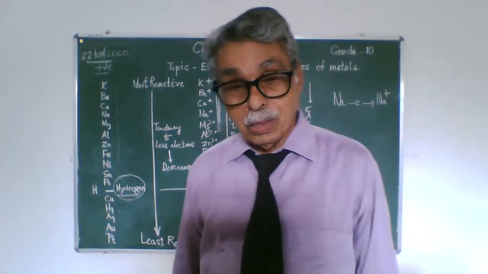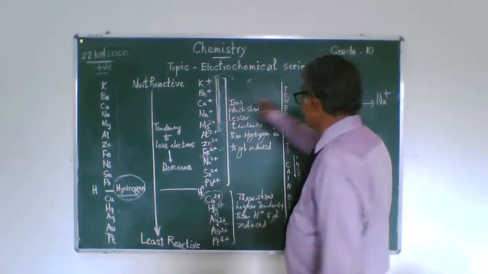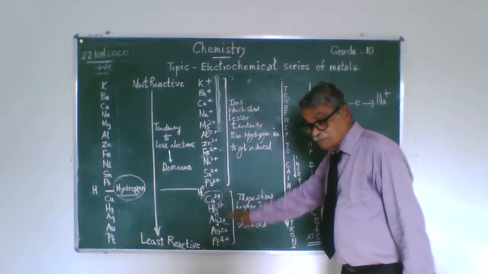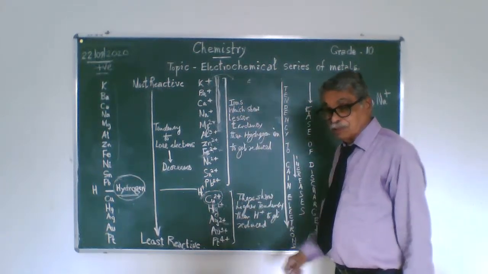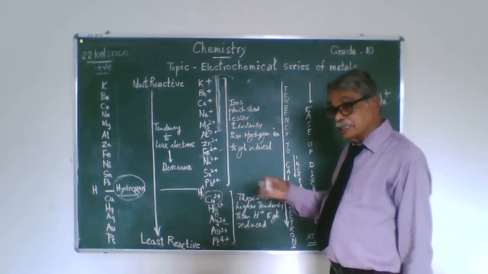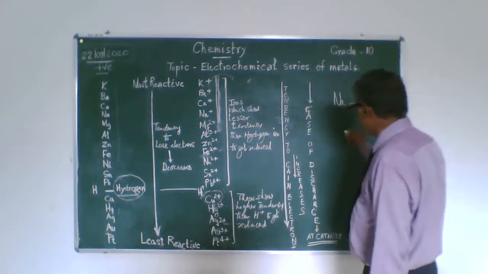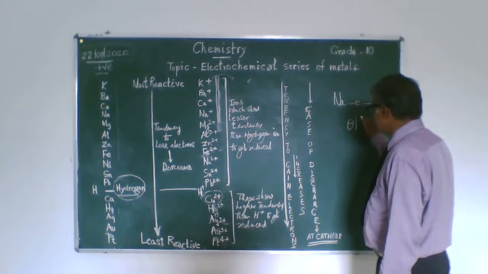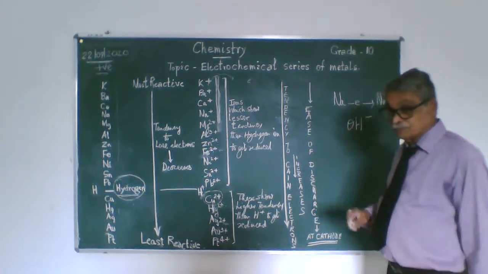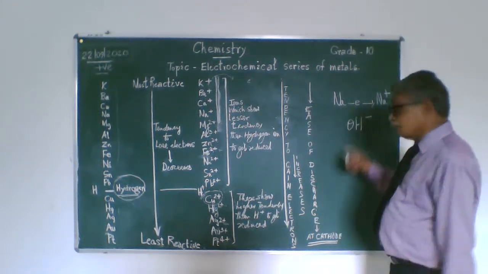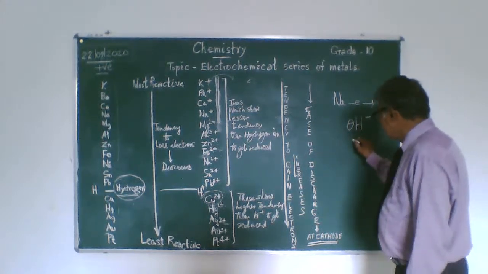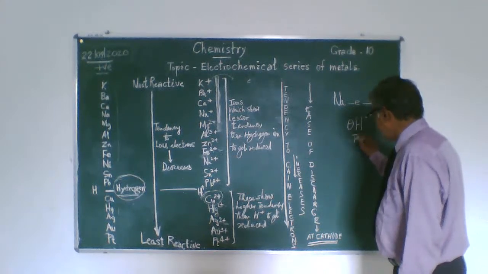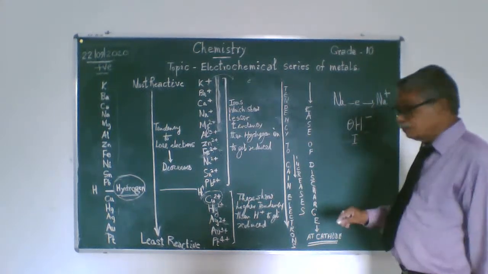Now this is all about positive ions. Metals form positive ions. What about others? There are negative ions also. You already learned, for example, OH is a negative ion. Similarly, iodide is a negative ion.